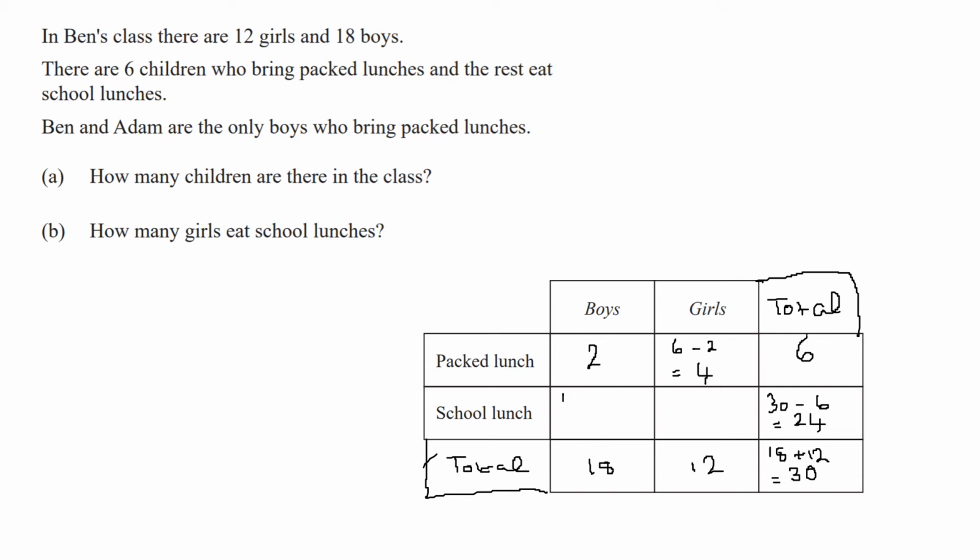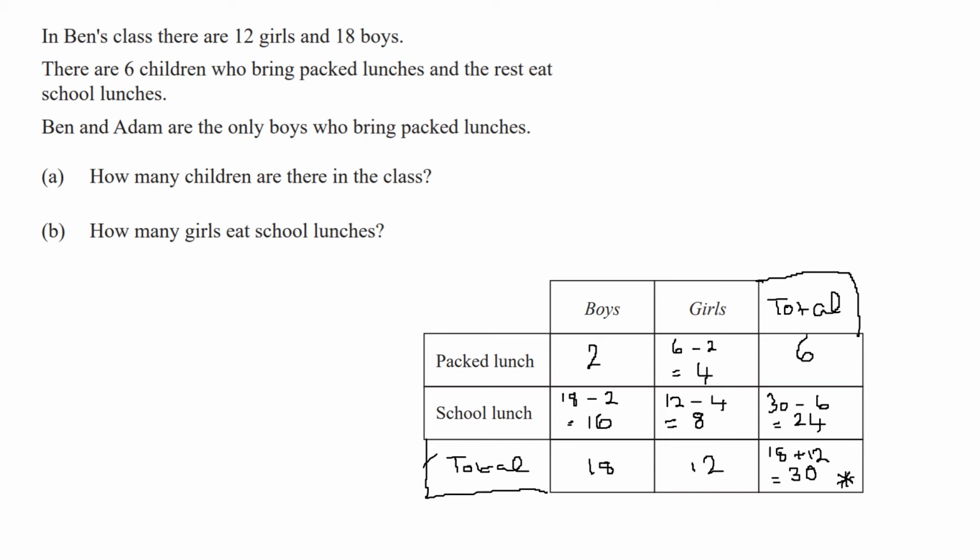So there are 18 boys altogether, 2 of them eat packed lunches, so 16 of them must eat a school lunch. And similarly there are 12 girls altogether, 4 of them bring a packed lunch, so 8 of them must eat a school lunch. Now that we've completed the table, we can answer the questions. How many children are there in the class?